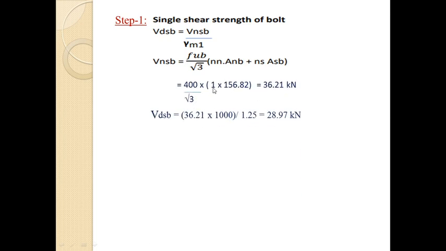By putting these values in the formula, we get VNSB equal to 36.21 kN, and dividing by gamma m1, the partial safety factor of material, we get VDSB equal to 28.97 kN. Now here double shear happens, therefore we calculate the double shear strength. Just multiply the single shear value by 2: 2 multiplied by 28.97, we get 57.94 kN.